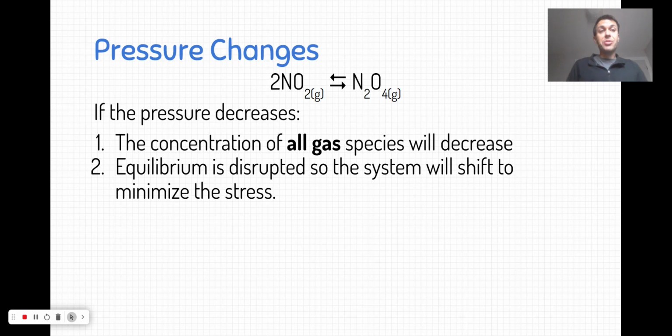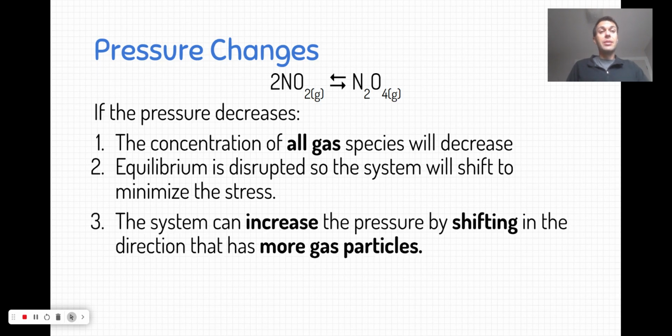Equilibrium has now been disrupted, so the system's going to shift in a direction that will increase the pressure. It can do so by shifting to the direction that has more gas particles. In this case, that will be to the left. So the reverse reaction will be favored, and the system will shift to the left.